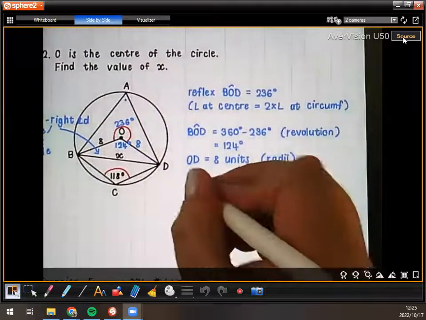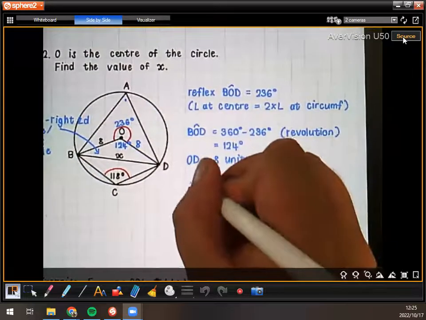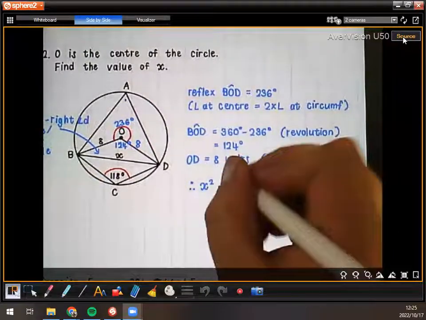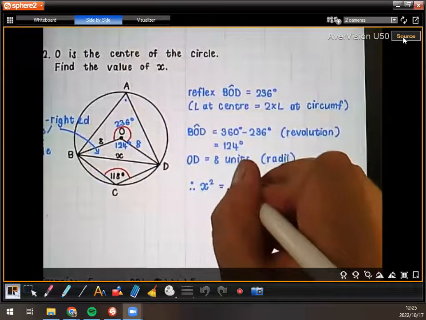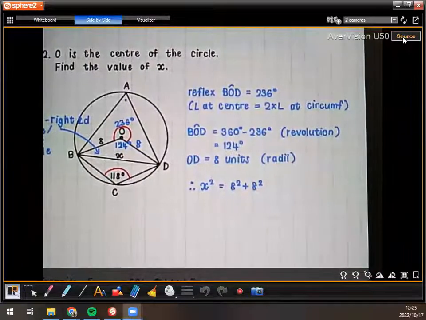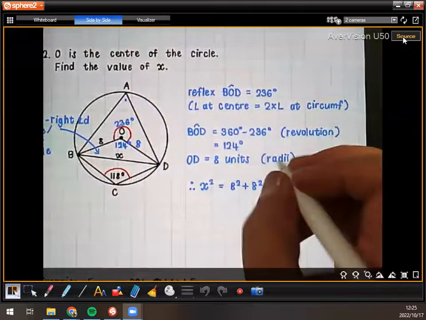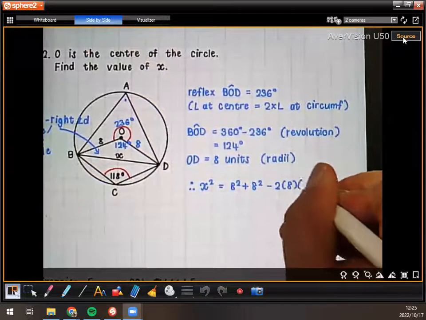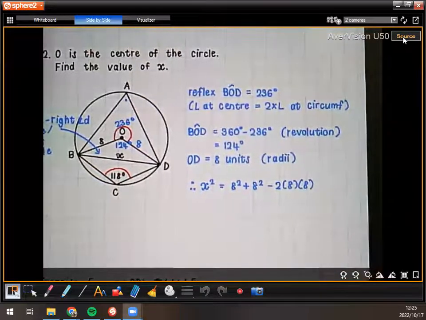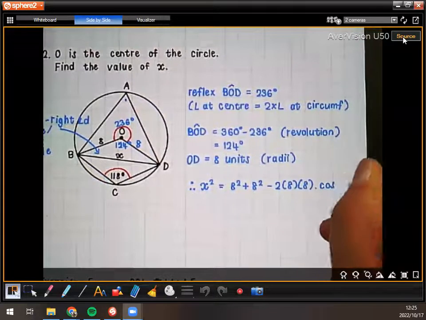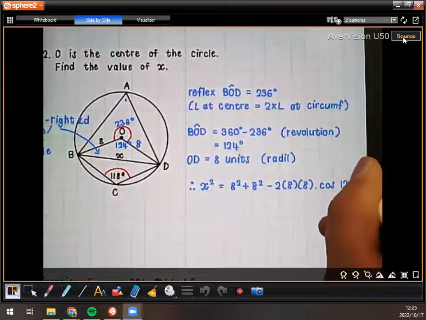So now we're going to say, therefore, x squared is equal to the other two sides squared and added together, so a squared plus b squared, minus 2 times the other two sides, a times b, times cos of the included angle.